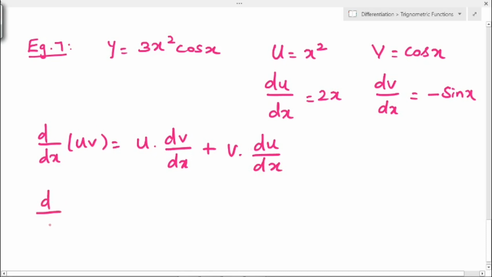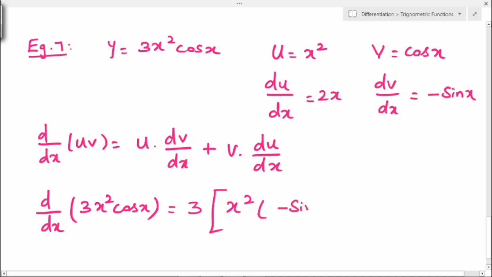So that is d by dx of, what is uv, 3x square into cos x. Okay. So this 3 is constant, so we are keeping it outside. So what is the first term? U. U is x square into dv by dx, that is minus sin x, plus second term is v. V value is cos x into du by dx. Du by dx value is 2x.